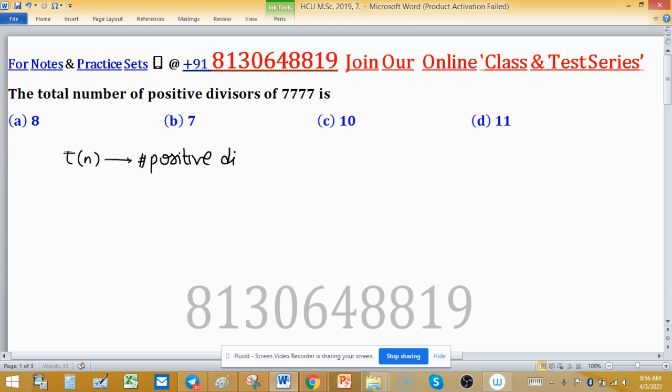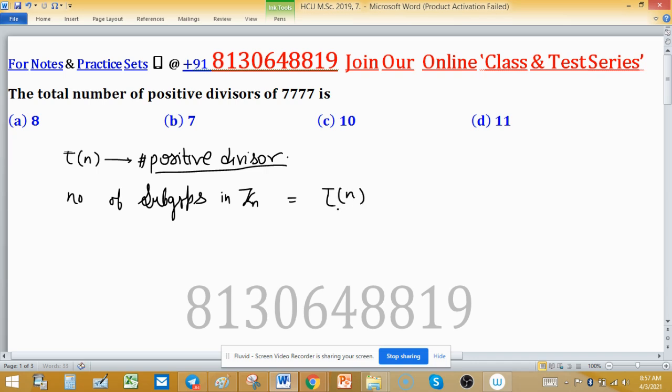One important application asked in group theory is whenever a question is asked about the number of subgroups in Zn. By the Lagrange theorem, subgroup orders divide the order of the group, so it is related to divisors, and the answer is tau n.